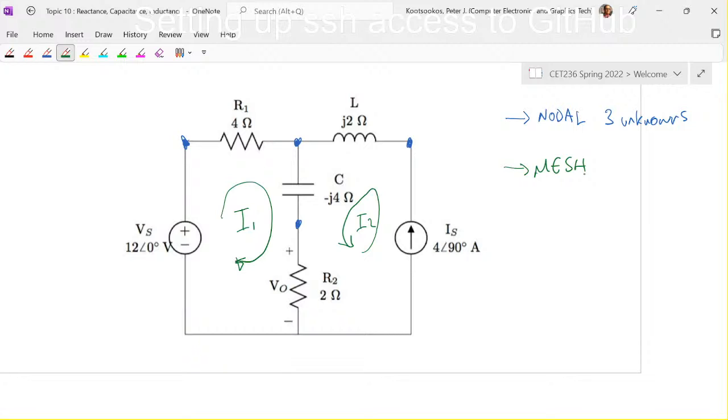That I2 is the only mesh current flowing through IS, and I chose I2 to go in the same direction as IS. So we've got one unknown. So that's looking pretty good. That means we don't need to use matrices. We can just use algebra.